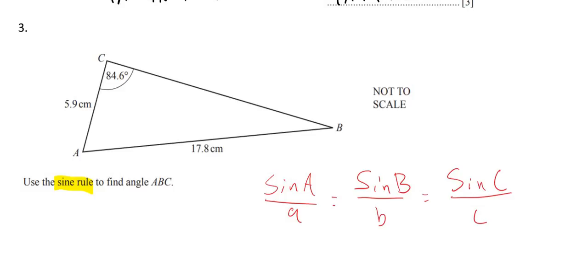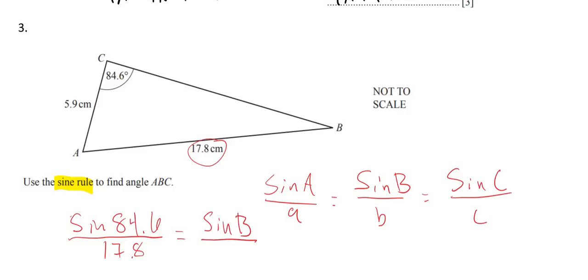In this case, we're going to say the sine of C, which is 84.6 degrees, over 17.8 is equal to the sine of B, that's what we want to find, over 5.9.